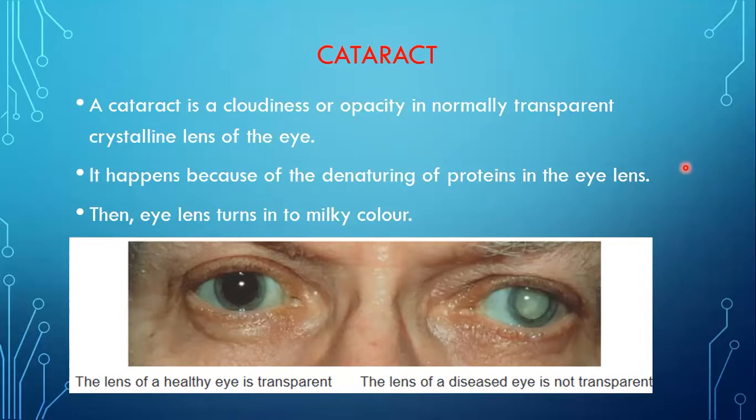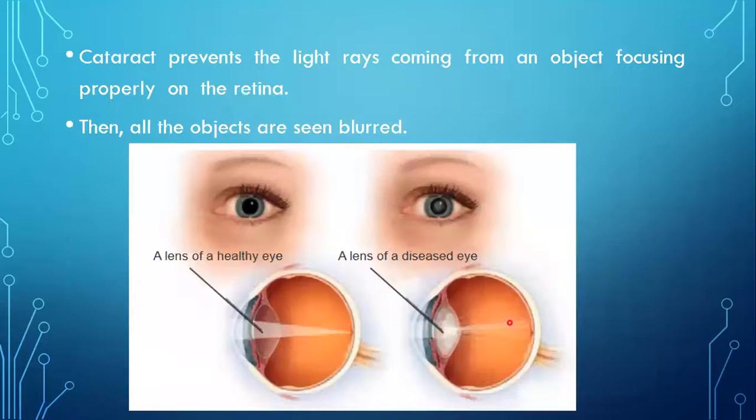Then the eye lens turns a milky color. You can see the lens of a healthy eye is transparent. The lens of a diseased eye is not transparent. Cataract prevents the light rays coming from an object from focusing properly on the retina. Then all the objects are seen blurred.